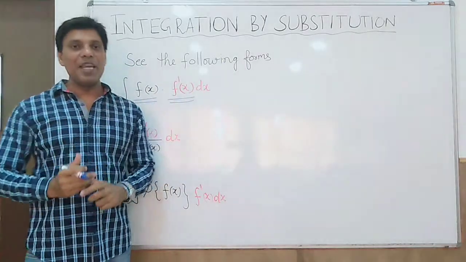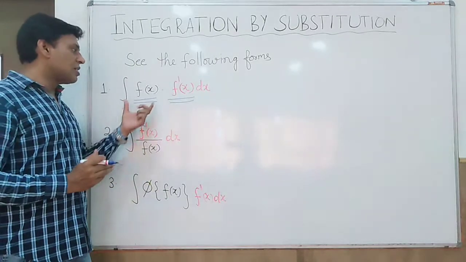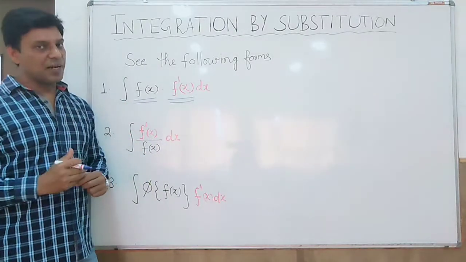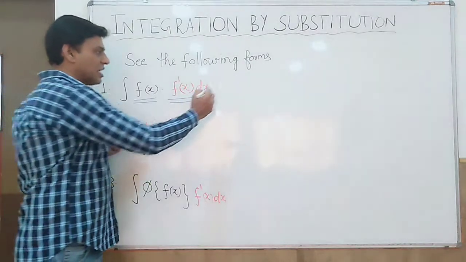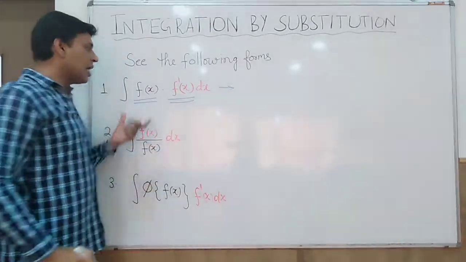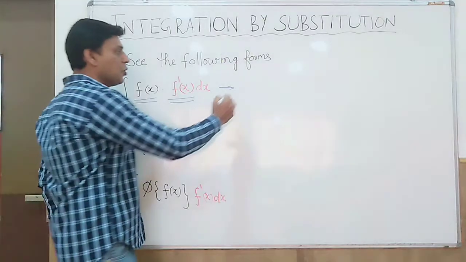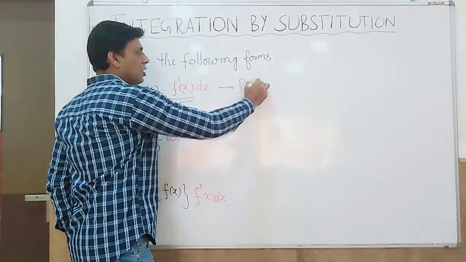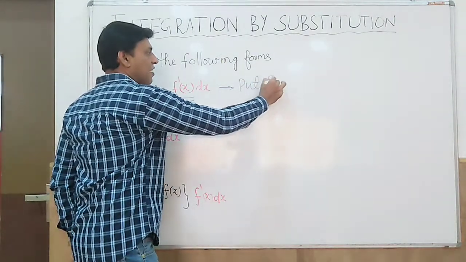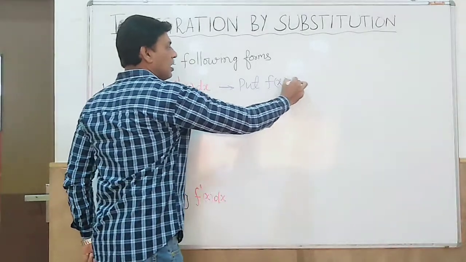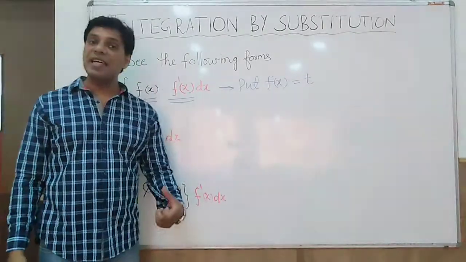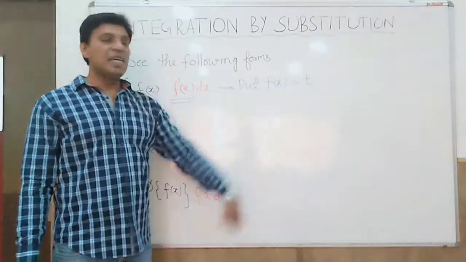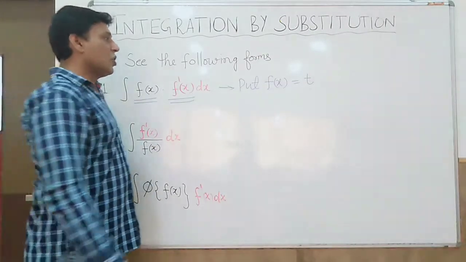So what is the meaning of substitution? Suppose I am taking form 1. In this type of question, what you have to do? So just see. In this type of question, you have to put f x equal to some other variable like t. So f x is equal to t.